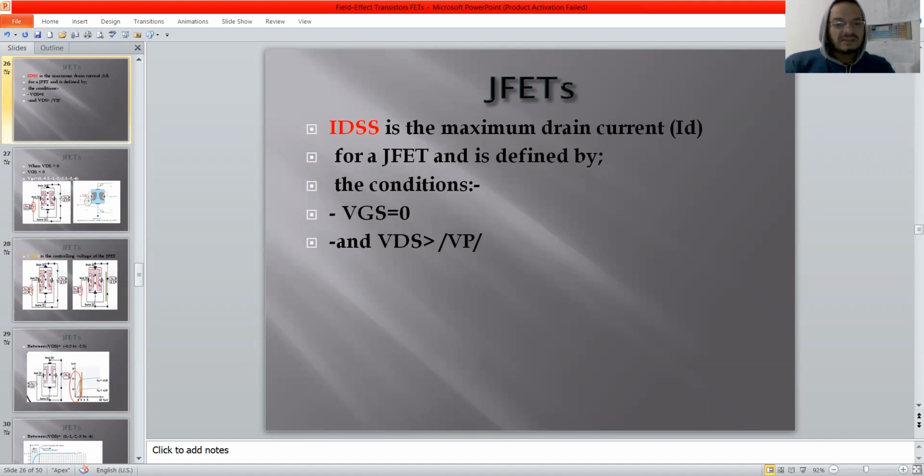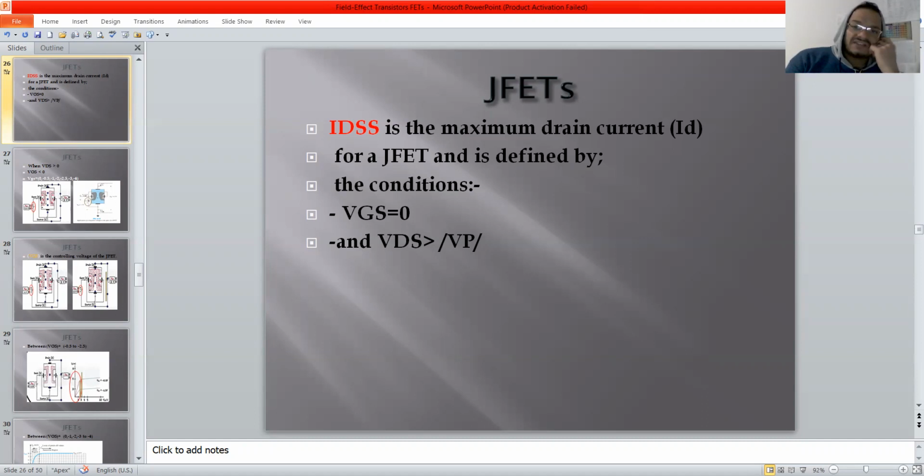Let's see what will happen to the resistance of the channel. When increasing the thickness of the depletion region, the resistance will increase. And at the same time, the width of the channel will be reduced. That means increasing the thickness of the depletion region will increase the resistance and will decrease the channel at the same time.